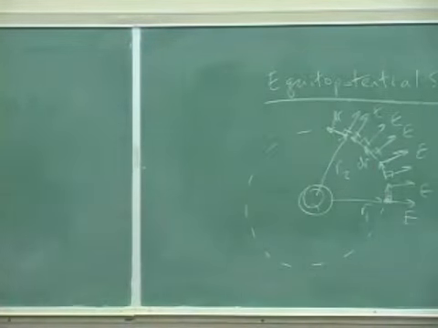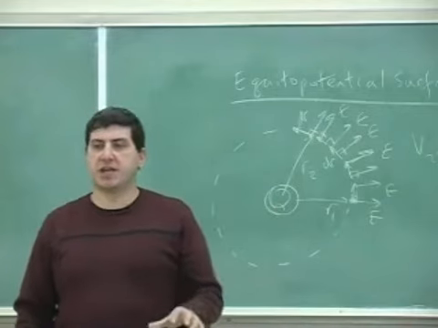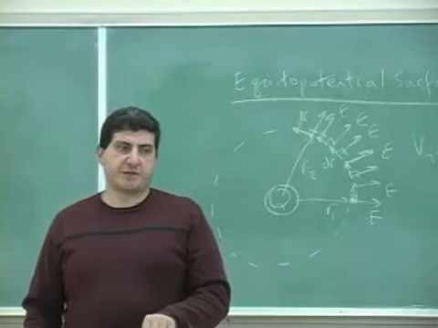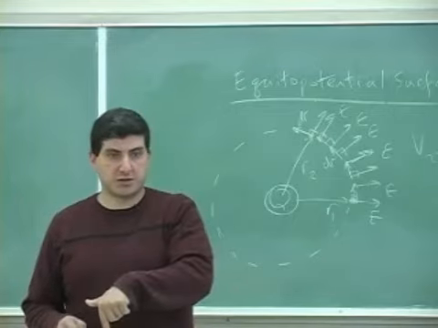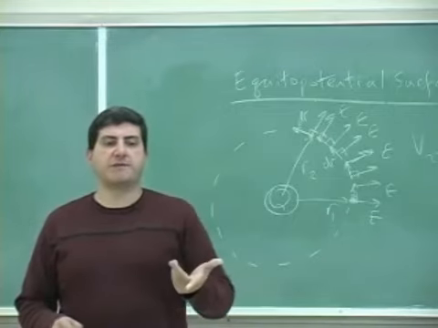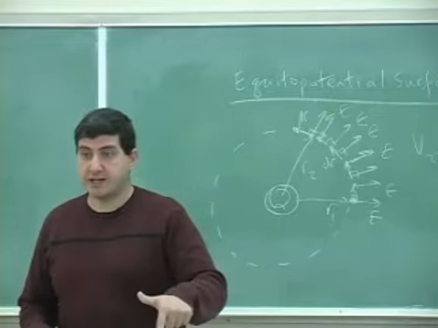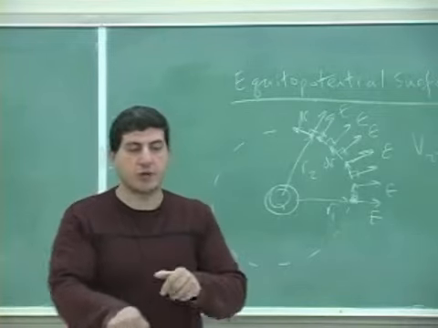From here we can also generalize this. Equipotential surfaces are surfaces that are always perpendicular to the electric field lines of that charge configuration.